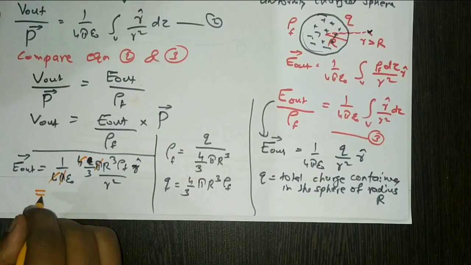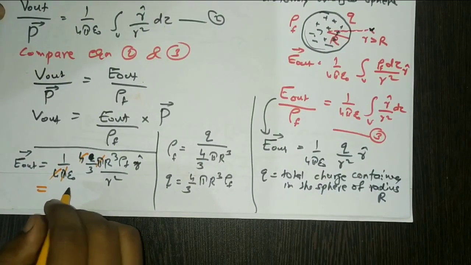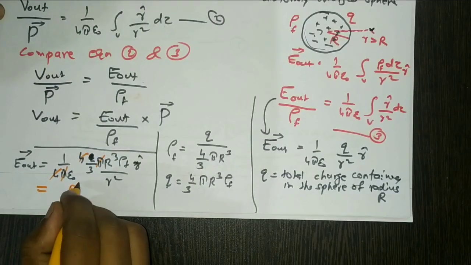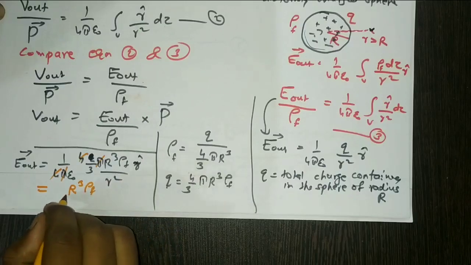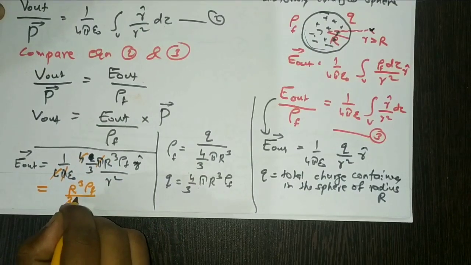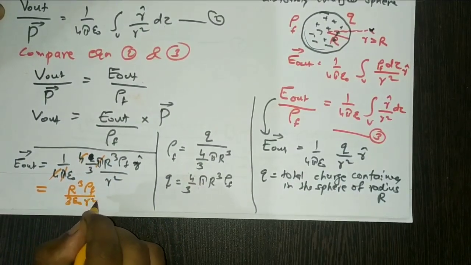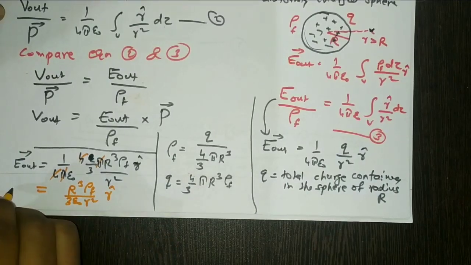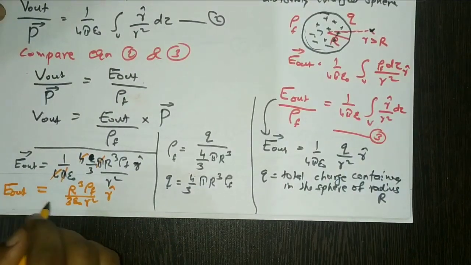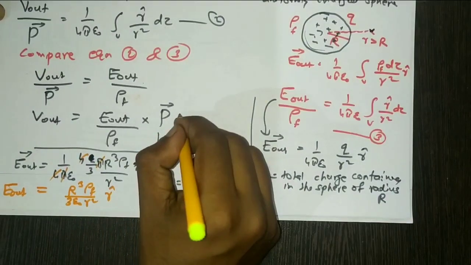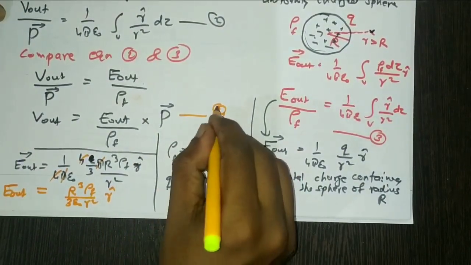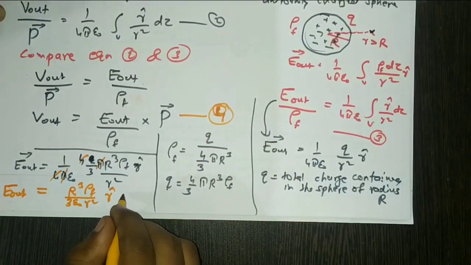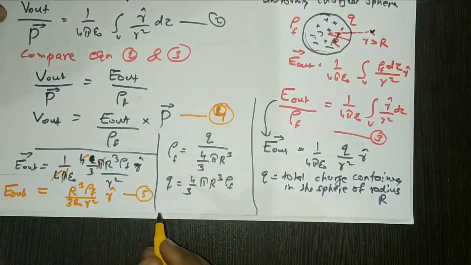That can be written as r cube rho F divided by 3 epsilon 0 r square, r cap. This is the electric field outside. If I write this as equation number 3, this is equation number 4, and this is equation number 5.